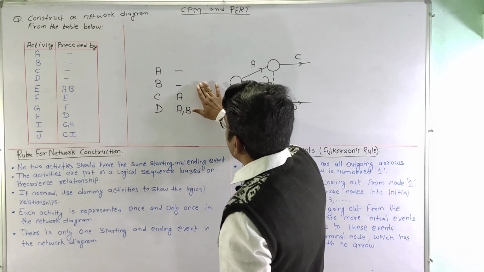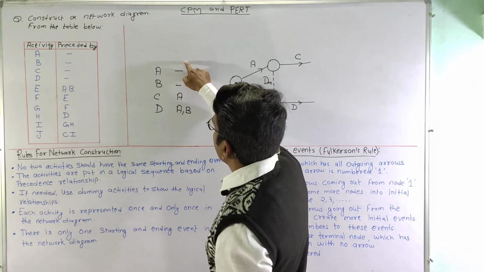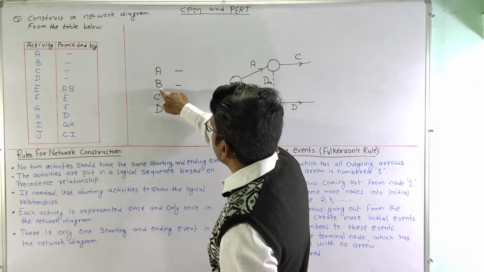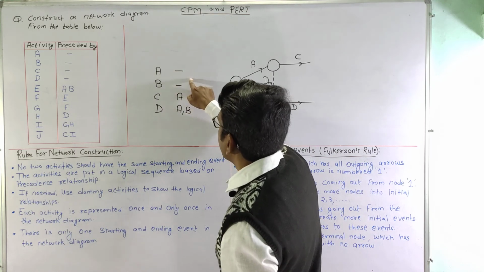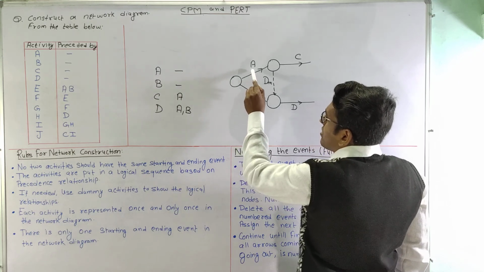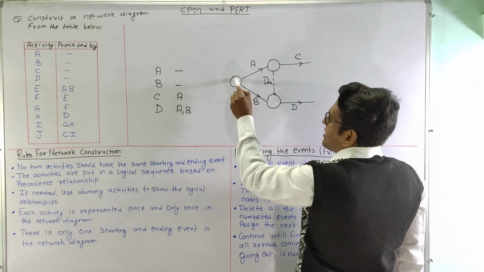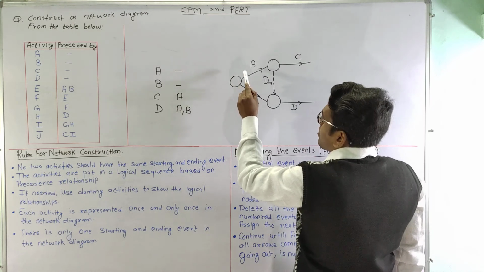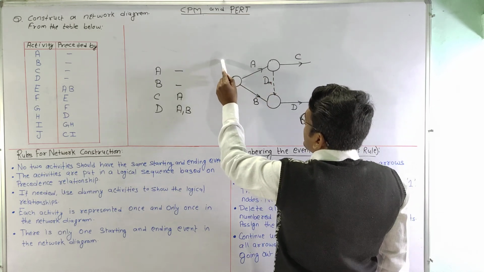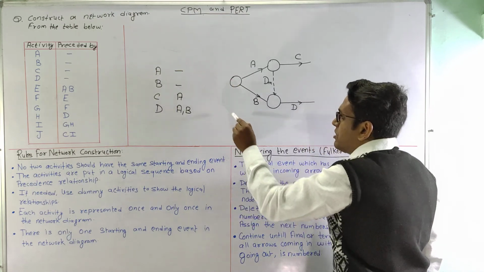As in this case, activity A is not preceded by any activity, and activity B also is not preceded by any activity, but both unpreceded activities must start from the same node. We cannot start activity A from one node and activity B from another node. That will be wrong.